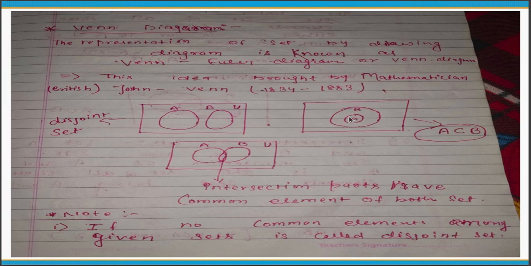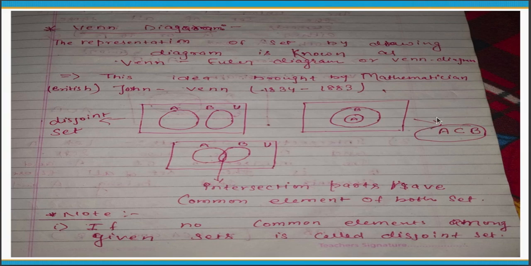Here the small circle is set B and the big circle is set A. I am writing it wrong here, but you can correct it. B is a subset of A. Sorry.